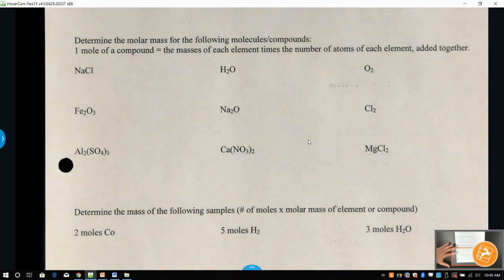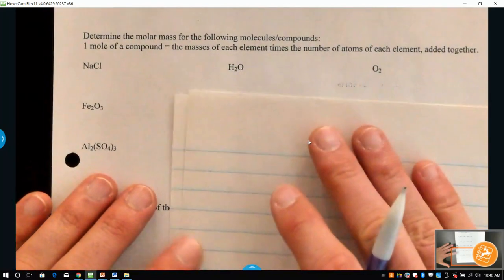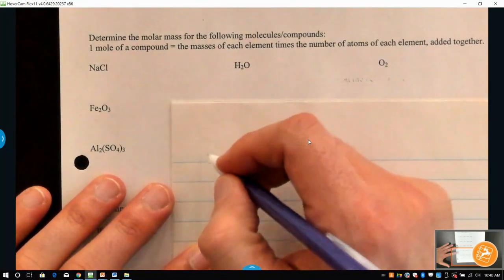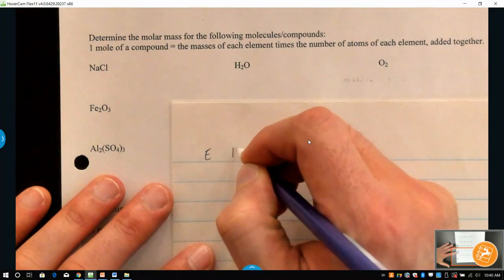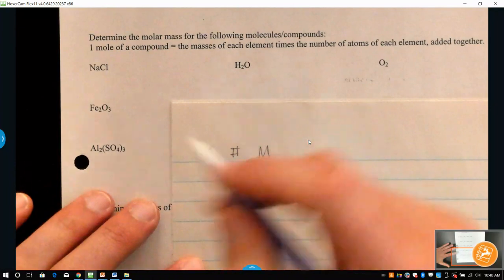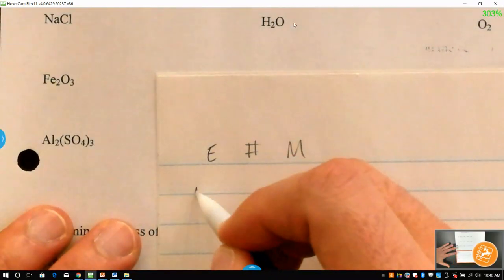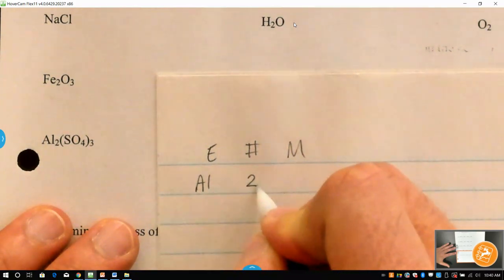If we were to complete this guy here, the Al2(SO4)3, all right, so if I do that, element, number, mass, first element I come across is the aluminum. How many are there? 2.